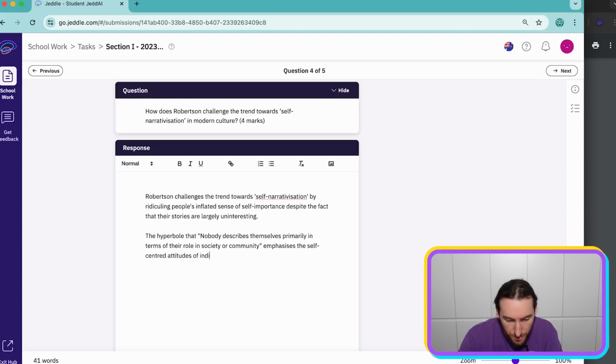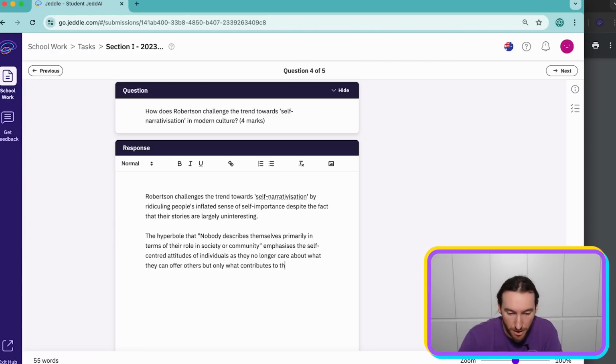Of individuals, as they emphasize the self-centered attitudes of individuals as they no longer care about what they can offer others, but only what contributes to their story, to their narrative.